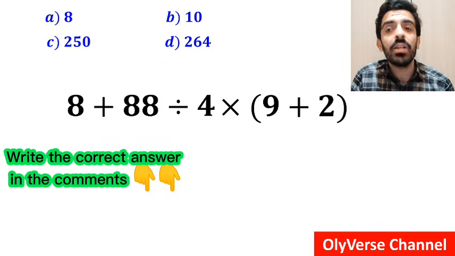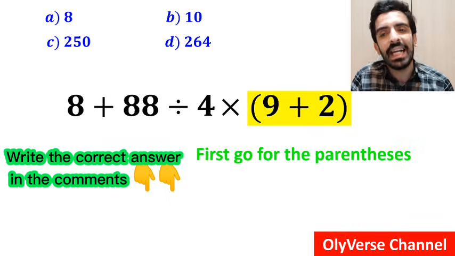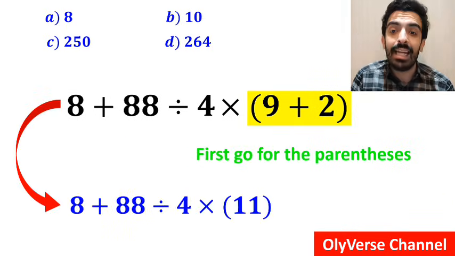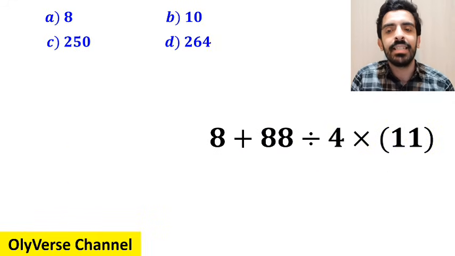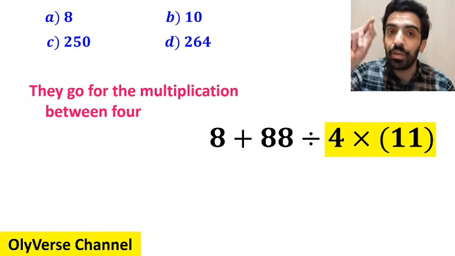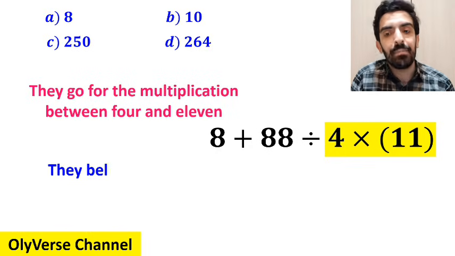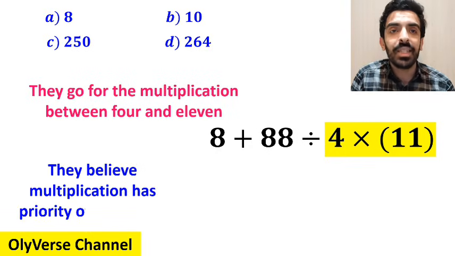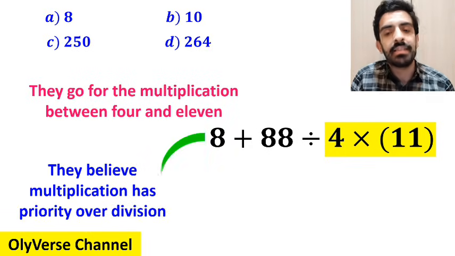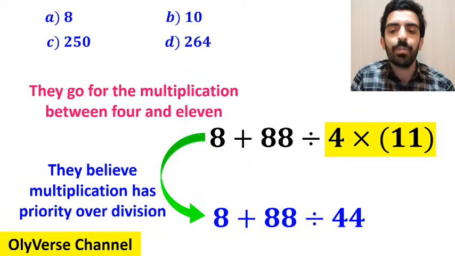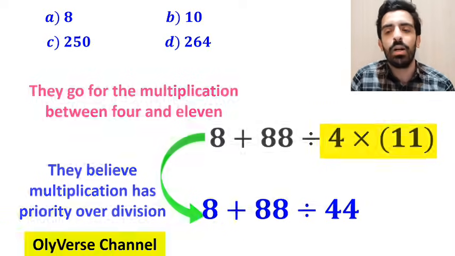Also, some other people, when solving this question, first go for the parentheses and write this expression as 8 + 88 divided by 4 times 11. In the next step, they go for the multiplication between 4 and 11 because they believe multiplication has priority over division. So, this expression simplifies to 8 + 88 divided by 44.